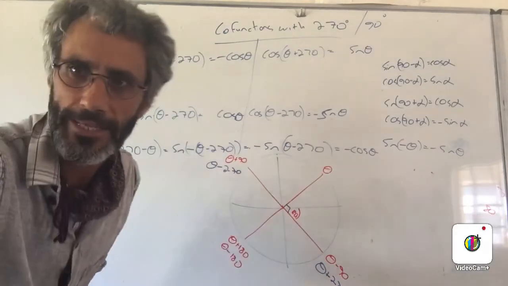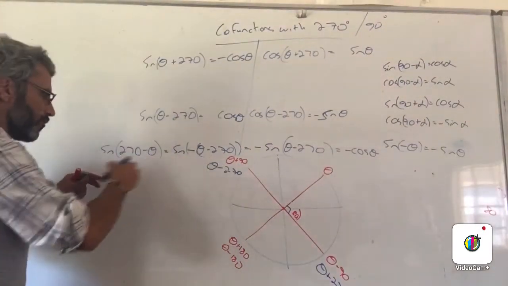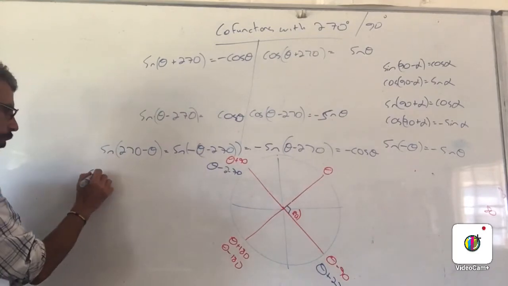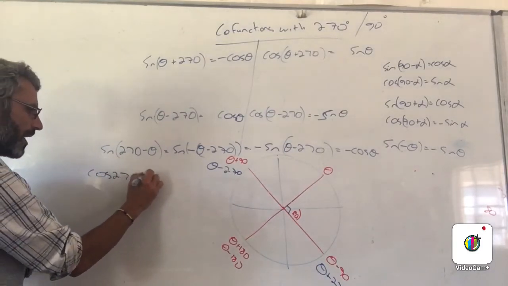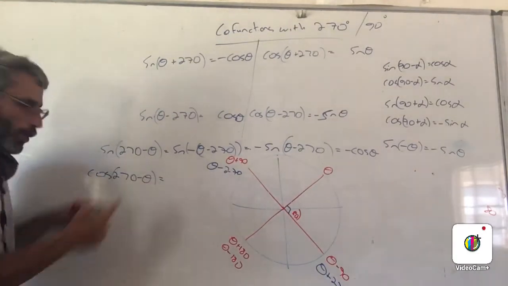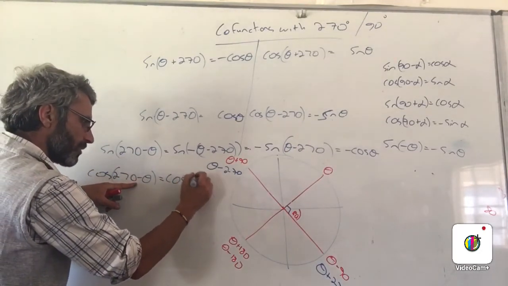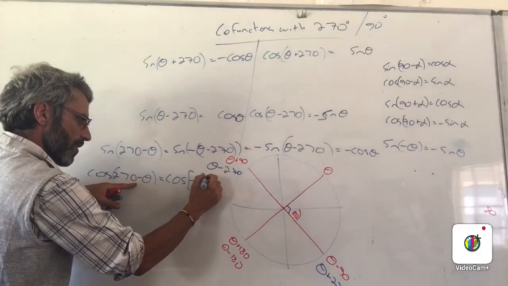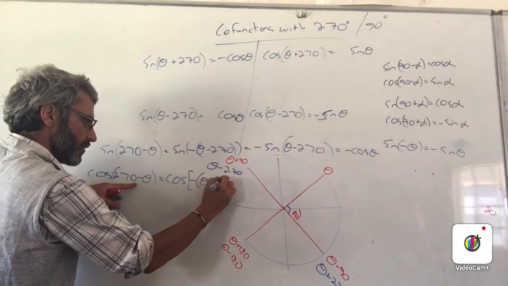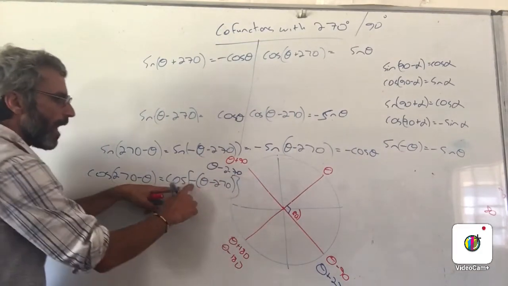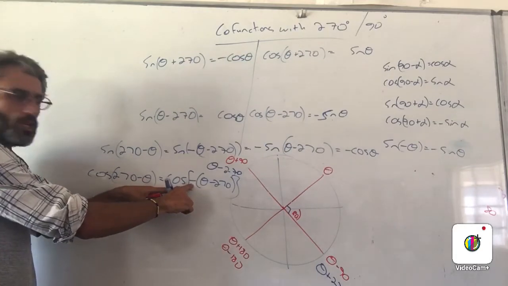Let's do the same thing for cosine. Cosine of 270 minus theta. To swap the sign, we must do cosine of minus (theta minus 270). Now what happens to negative angles with cosine?